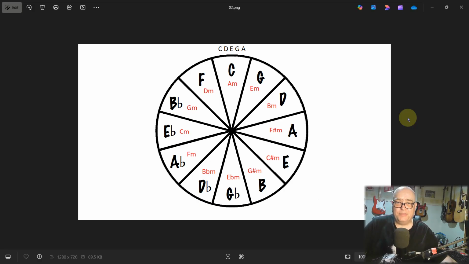Anyway, let's say we wanted to change whatever pattern of C major pentatonic or A minor pentatonic we were using to a G major or E minor pentatonic without moving to a different position on the neck. Well, let's have a look at the notes in a G major or E minor pentatonic.